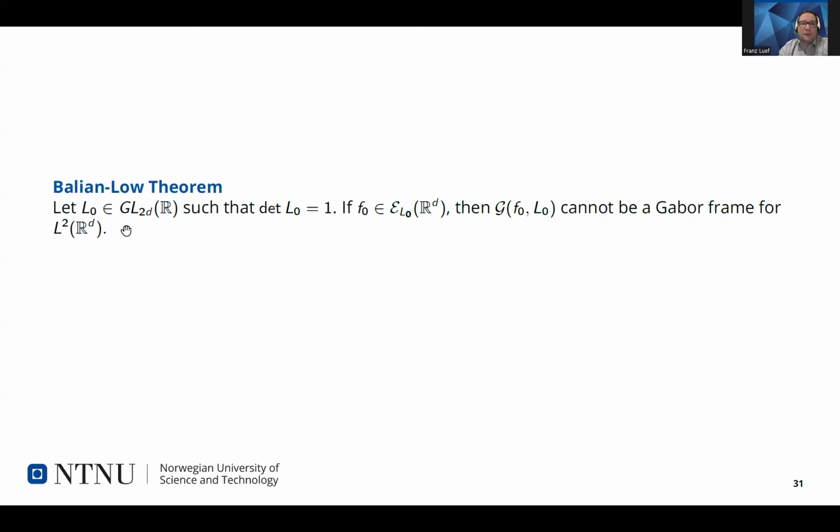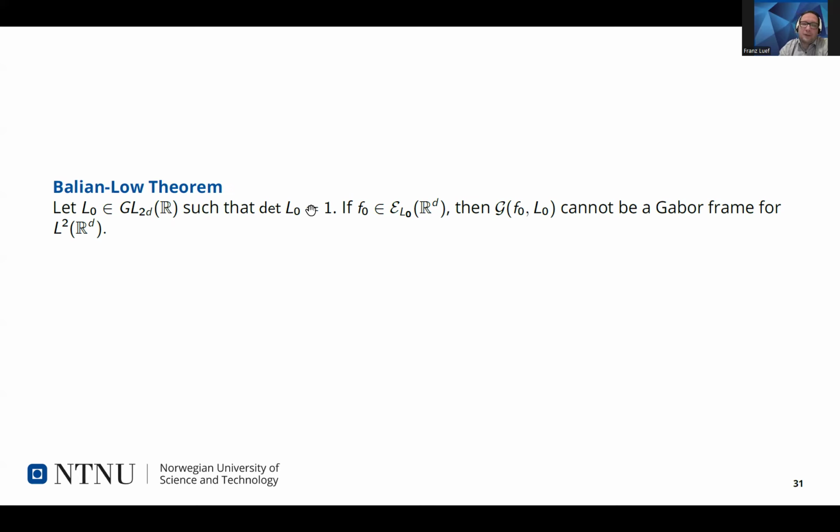If you have a lattice which has co-volume 1, so the determinant is 1, and this function is nice enough, they had M1, but we use this in the Heisenberg module, then you can show that the corresponding Gabor system cannot be a Gabor frame for L2.